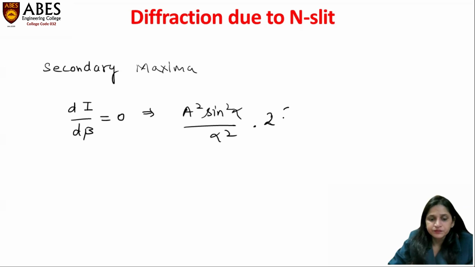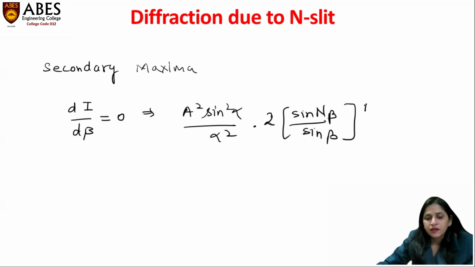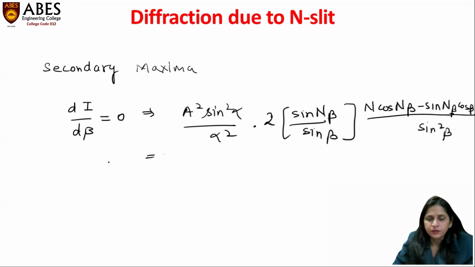2 sine n beta upon sine beta into n cos n beta minus sine n beta upon sine beta cos beta upon sine square beta, and this is nothing but equals to 0, this whole term.